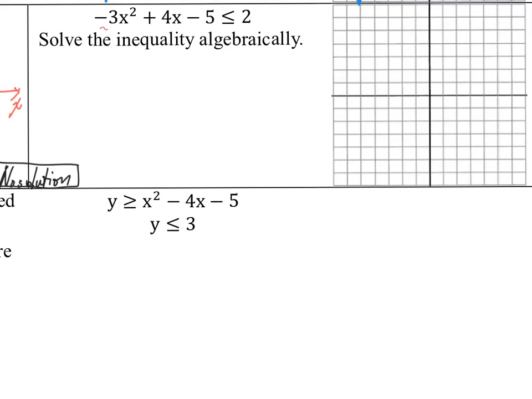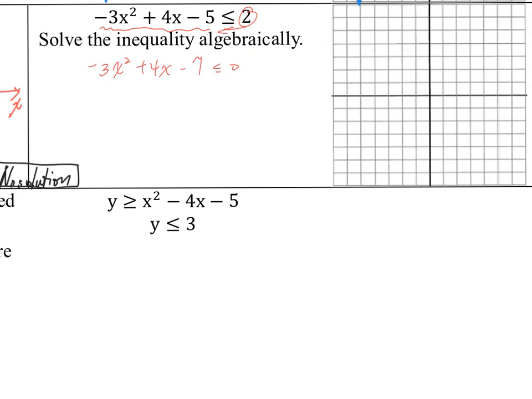When we look at this example here, you may notice that this is not factorable. So if I move negative 3x squared plus 4x, and I move the positive 2 over to the left-hand side, this becomes minus 7.